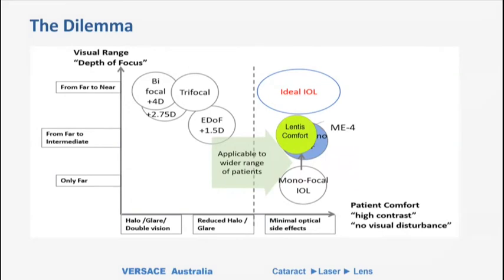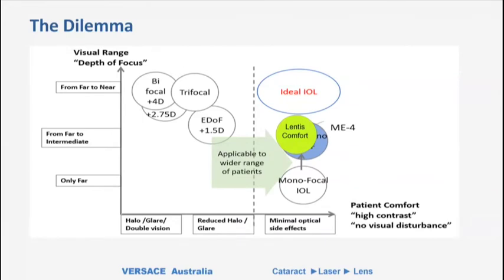And these are lenses that give an amazing range of vision. These patients can read small print, they can see the car dashboard, and they can see for the distance without requiring glasses. But the price they pay is that there are a lot of unwanted visual phenomena, and pretty much every patient with a diffractive trifocal lens will see halos, whether or not it bothers them.